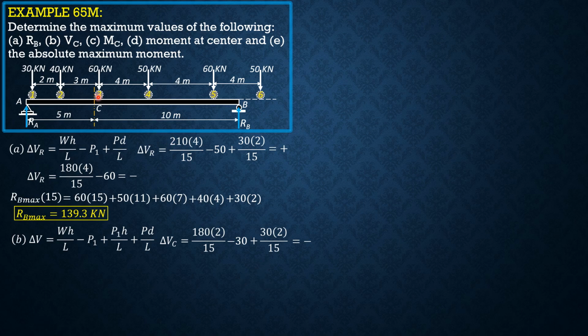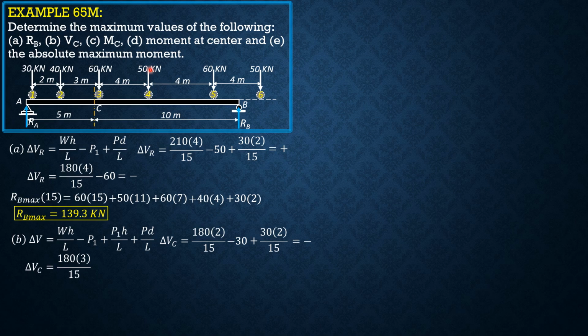Then let's proceed. Let's have load 3 over C. So W would be 180. Load 3 over C. So that means the 60 kilonewton load enters a distance of 2, because 4 plus 4 is only 8 and this is 10. So this enters 2 meters. All these loads are still on the span.